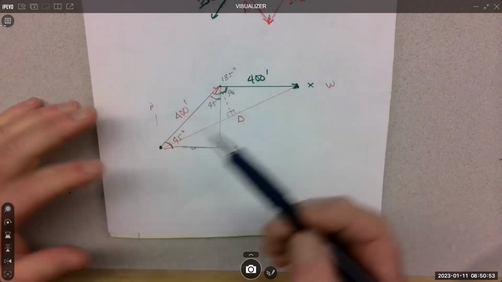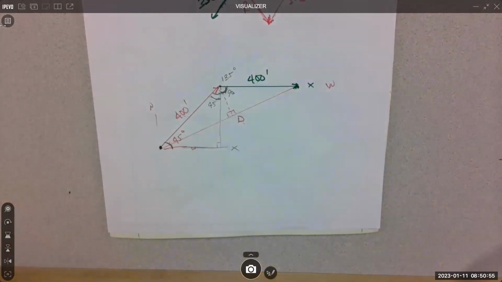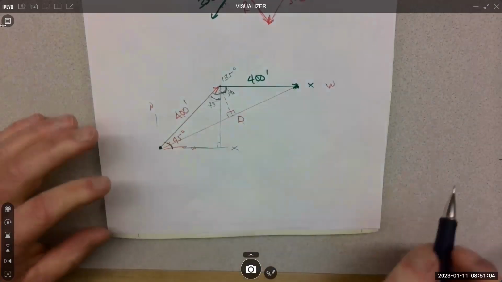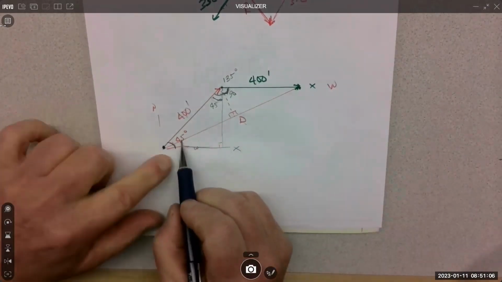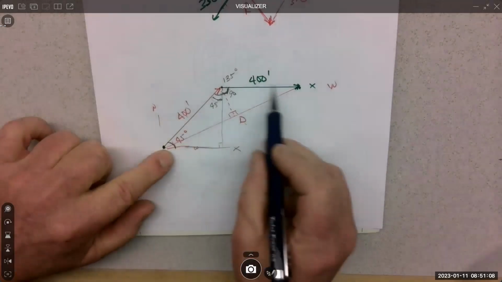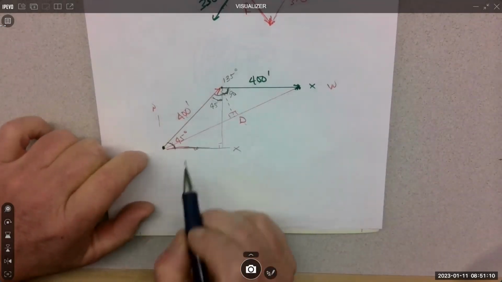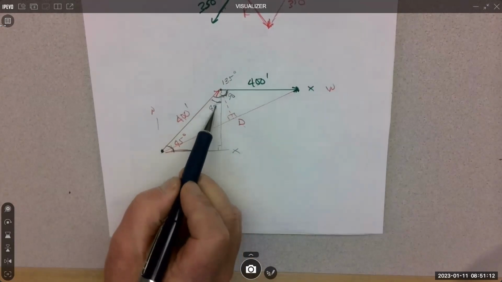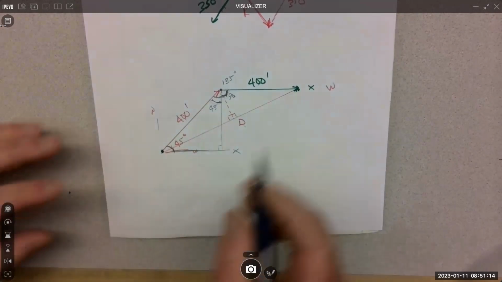So before you could even decide how to attack it, you had to get more information. You had to dig out an angle. But now we can go after it. The 45 is not part of this triangle. It was just given information in the beginning. It helped us get that, but that's all. All right.